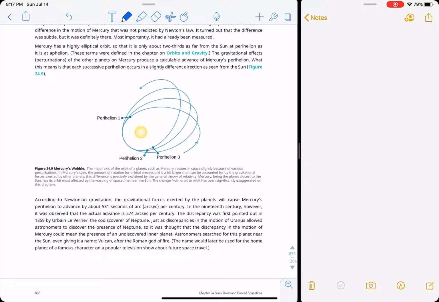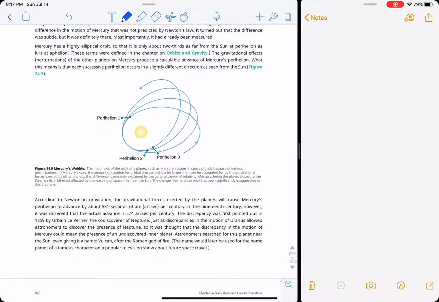A perturbation is a slight change to normal motion or normal behavior, and it's because the space is curved there, according to Einstein. That's what causes this slight rotation, because as Mercury goes around the sun, the ripples in the space-time cause Mercury to change slightly.